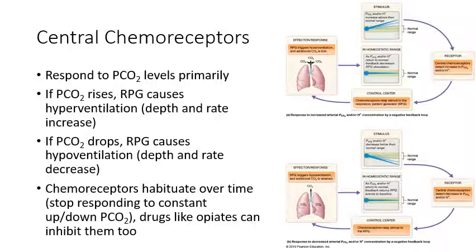You're sedated, so you're breathing more slowly and more shallowly, and your PCO2 starts to rise because you're not breathing enough, and the central chemoreceptors that are supposed to sense that can't do it because the opiates are inhibiting them. So they can't signal the respiratory pattern generator that it's time to breathe more now, and if no one finds you, you may die.